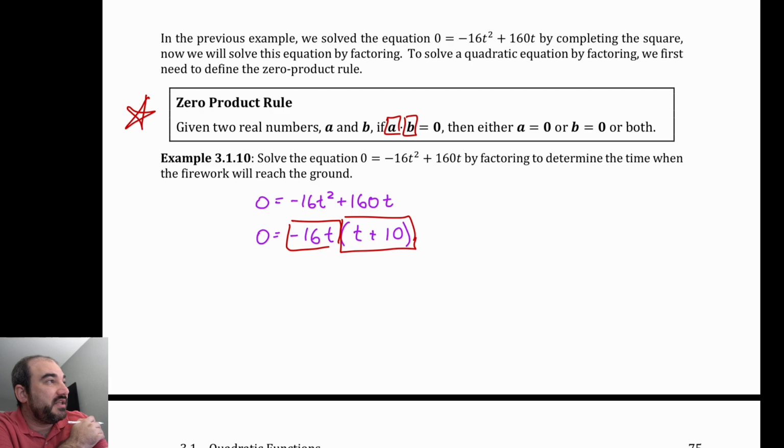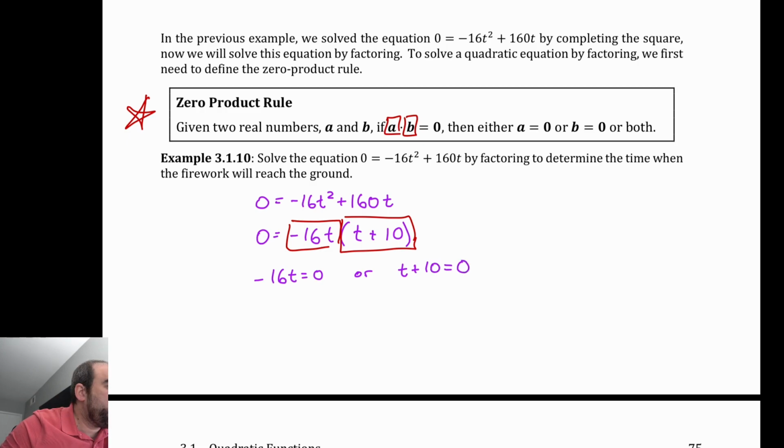The negative 16 is multiplied by the t, and then that's multiplied by t plus 10. But this negative 16 is never going to equal 0, so we can just ignore that one, or include it in the next step. We can say that either negative 16t equals 0 or t plus 10 equals 0.